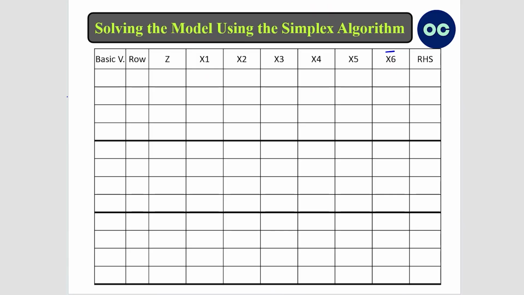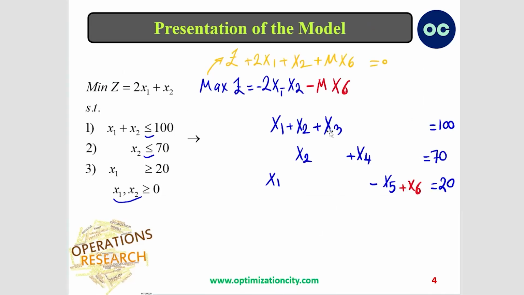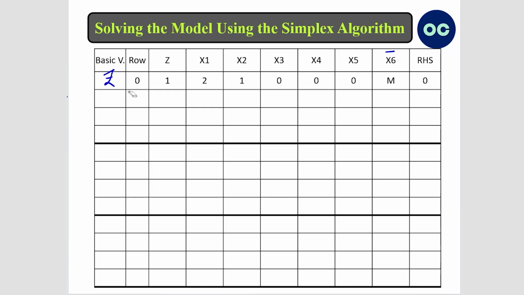So this is row 0. It's better to type. Row 0: 1, 2, 1, 0, 0, 0, M, and 0. For the first constraint, x3 is the basic variable for row number 1, x4 is the basic variable for row number 2, and x6 is the basic variable for row number 3.